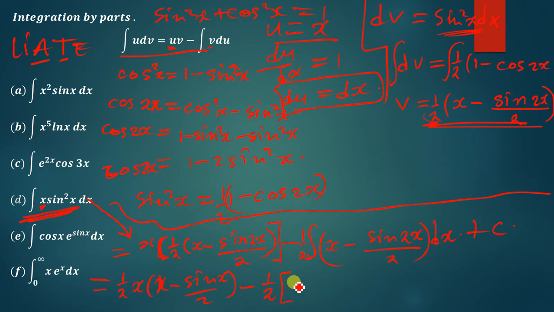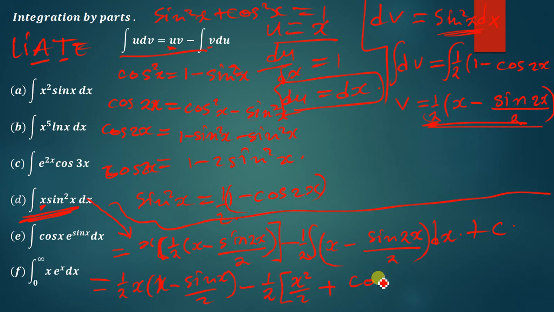So when I integrate x, I'm getting x squared over 2, then minus, when I integrate sine 2x, I'm going to get negative cos 2x, and since it's going to be negative, it's going to multiply with this negative here, meaning we're going to have a plus there.